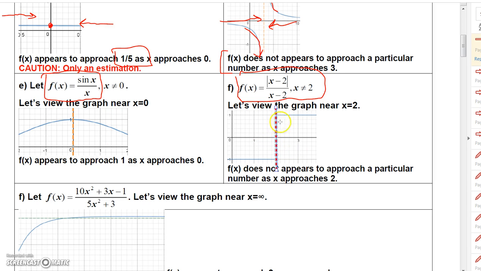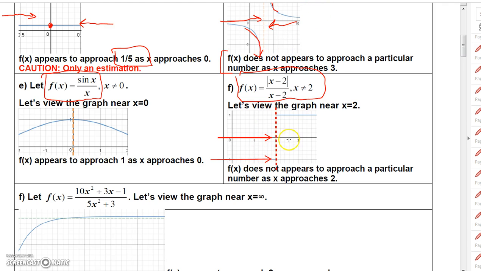Notice that as you approach 2 from this side, the graph is down here, and the graph stays right where it is. It never budges from -1. So if you approach 2 from the left, the y values are going to be -1.